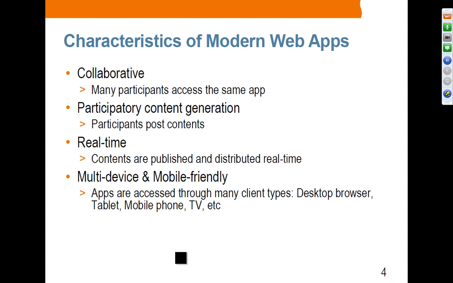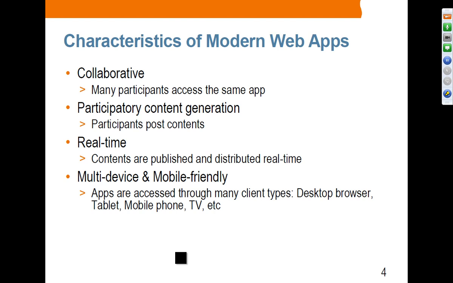So if you see the value of, let's say, Flickr, or Facebook, or Twitter, the actual contents are created by the participants, and that's the value of those applications, right? So participants post contents. And real time, so contents are published and distributed in real time.